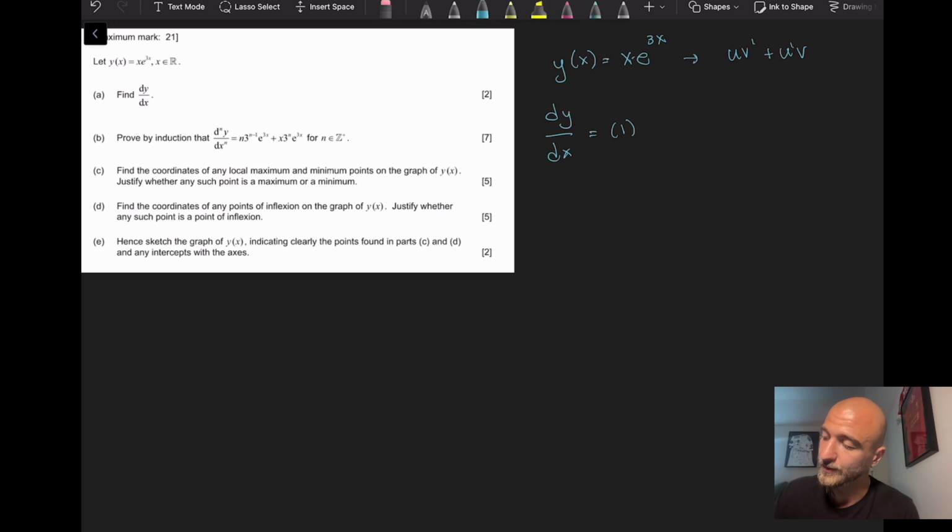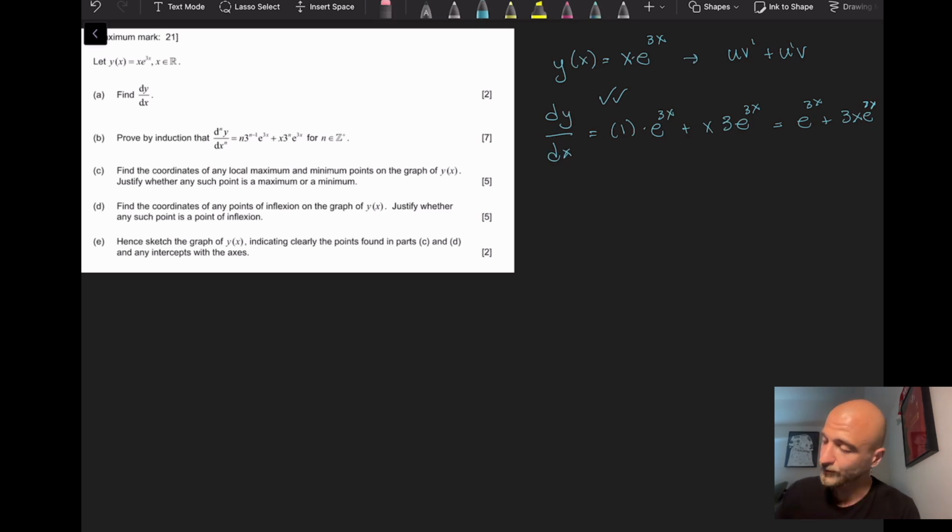I'm going to write it in for the sake of simplicity and completion, 1 times the second function, e to the 3x, plus the first function times the derivative of the second function. Derivative of e to the 3x is 3e to the 3x. So that gives us e to the 3x plus 3x e to the 3x. Part A, nice and simple, 2 points.